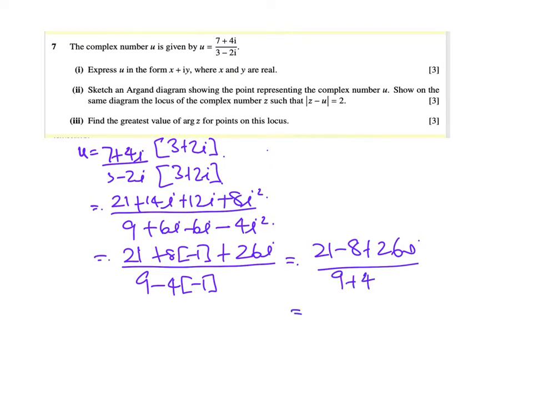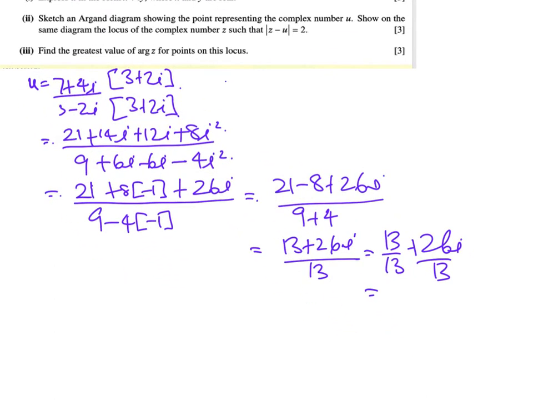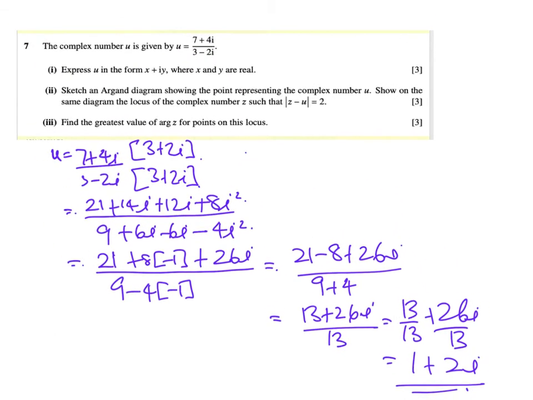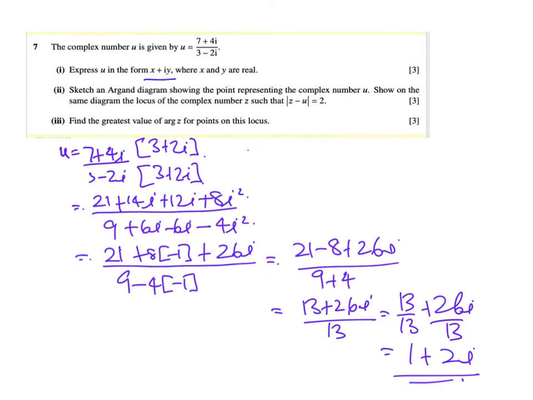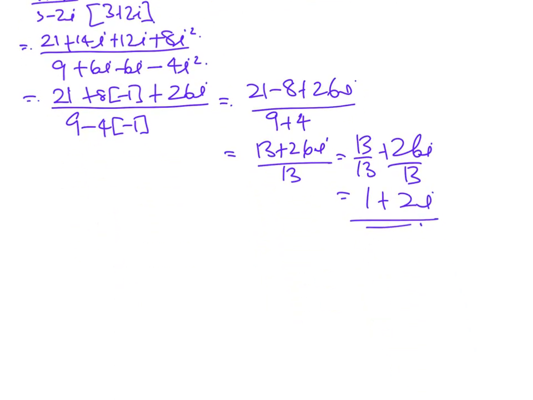The answer is 21 minus 8, which is 13, plus 26i over 13. Let's simplify this: 13 over 13 plus 26i over 13, which is 1 plus 2i. As the question requires x and y to be real, we have x equals 1 and y equals 2.